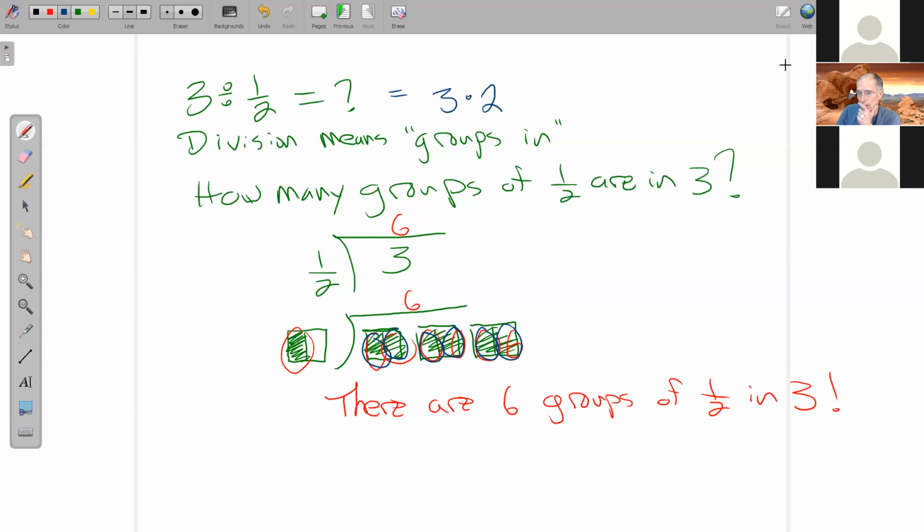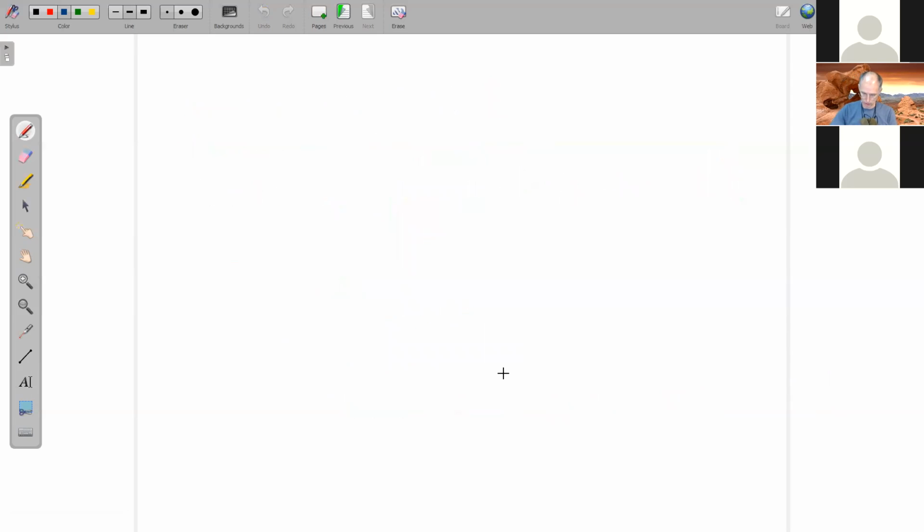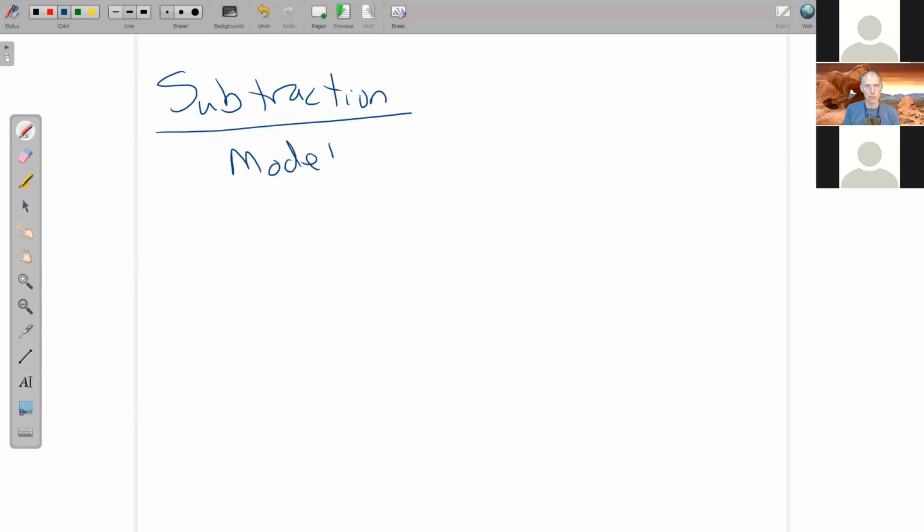Good. Okay, so we took a look at addition again, division, which tends to be pretty tricky. Let's look at subtraction and then multiplication. And again, let's compare models versus algorithms.